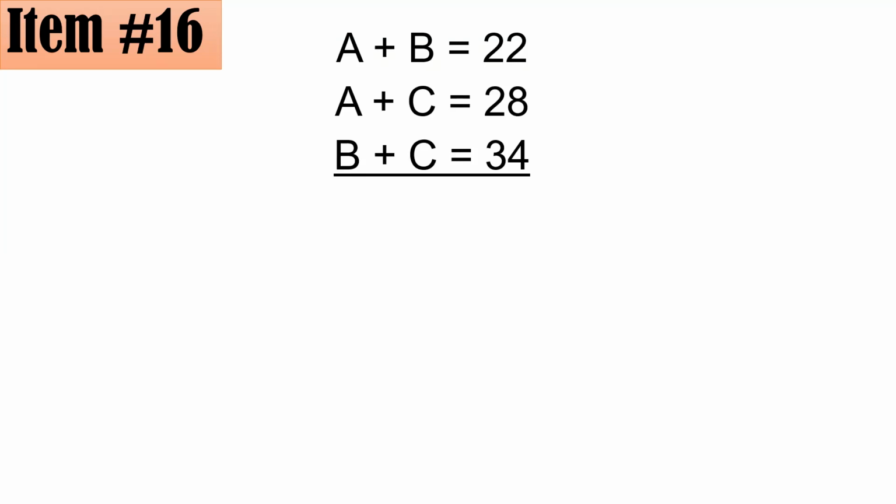Yung ginawa ko po ay I employed addition property of equality. Yung ginawa ko po is, tingnan nyo po, may ilang A sa left side, may ilang B sa left side, may ilang C sa left side. Check nyo po.